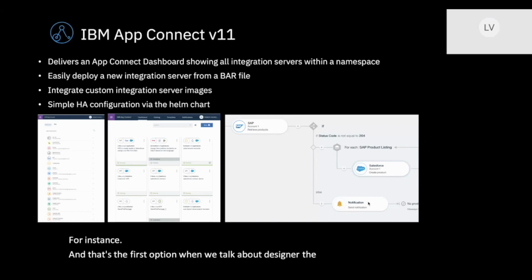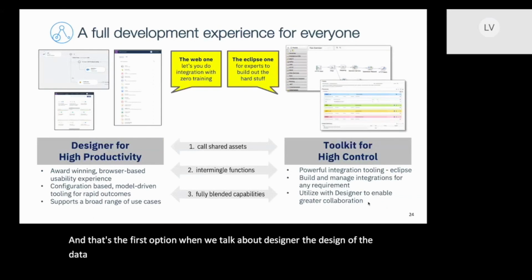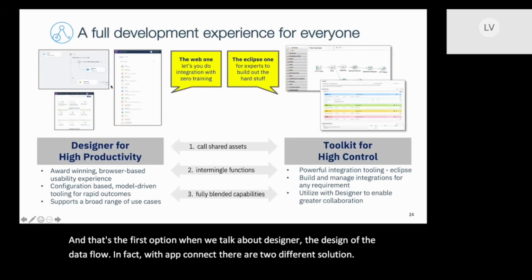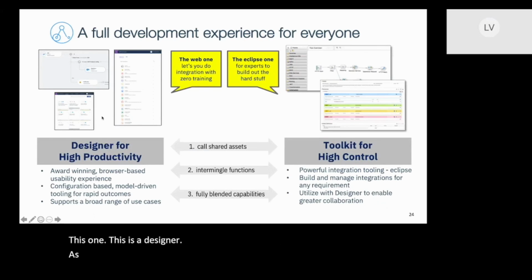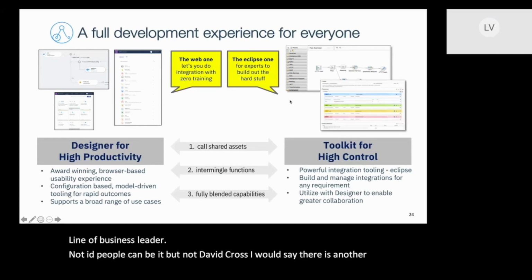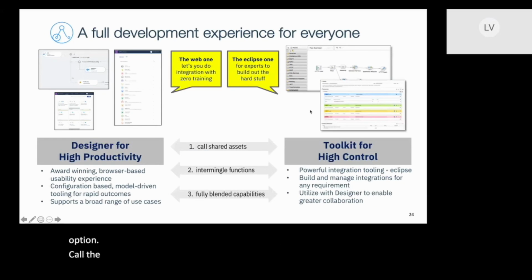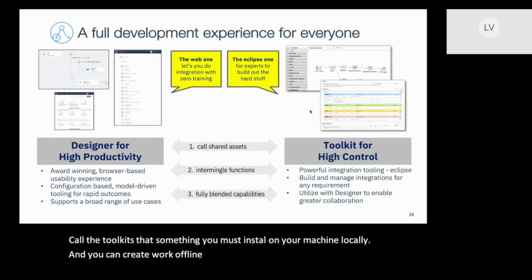In fact, with App Connect, there are 2 different solutions. The first one is a designer. As I told you, this is for line of business leaders, not IT people. Can be IT, but not developers, I would say. There is another option called the toolkit. That's something you must install on your machine locally, and you can work offline or online to create your data flow.